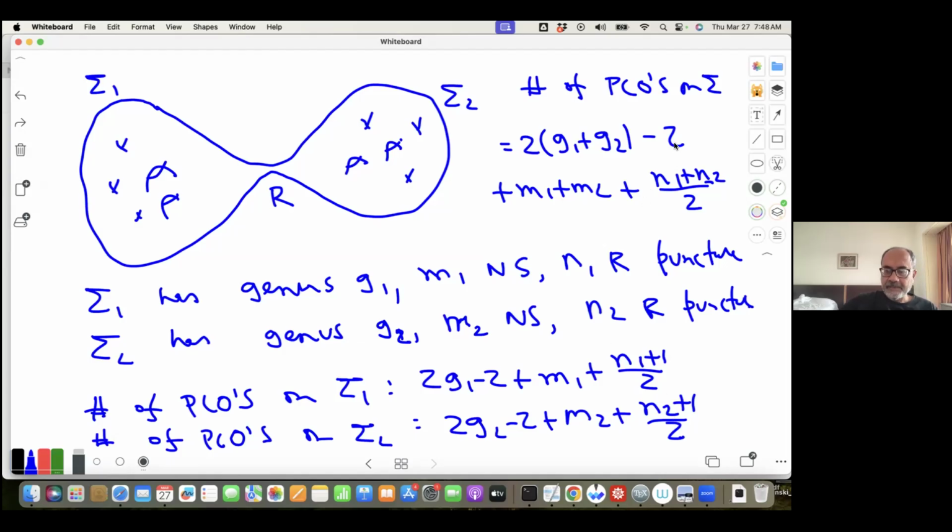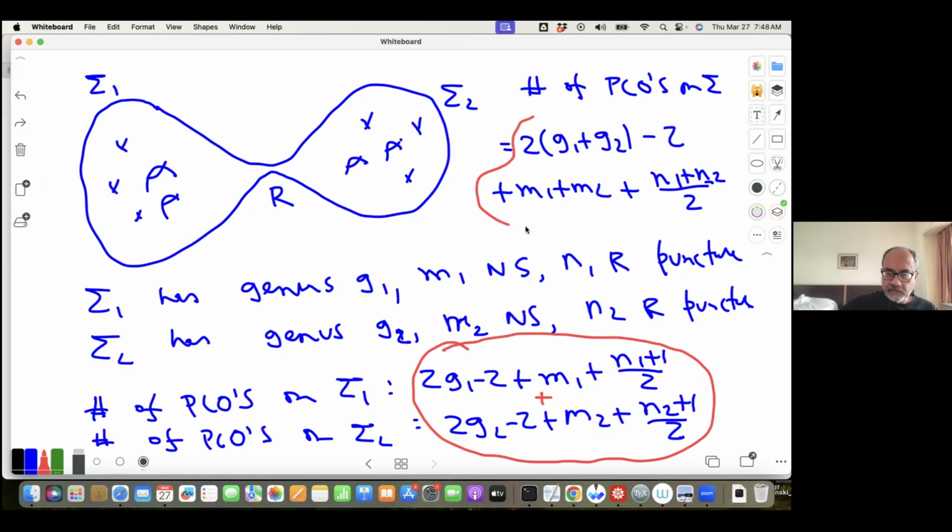Here it's minus 2. So this sum is not the same as this sum. So this has one less PCO.